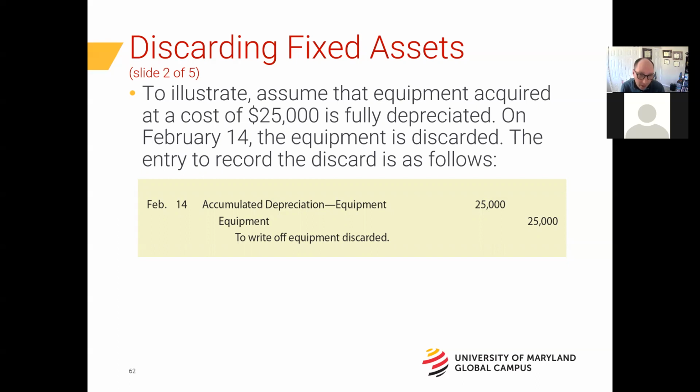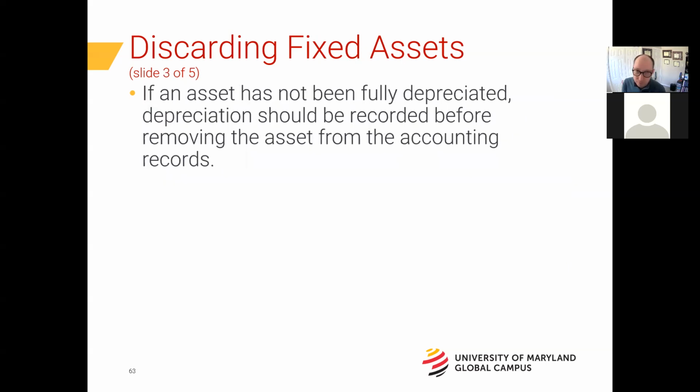To get rid of it, the company debits accumulated depreciation, 25,000. Because remember, that's how much we accrued over its useful life. And you credit the equipment, 25,000. What that does is it removes it from your balance sheet.